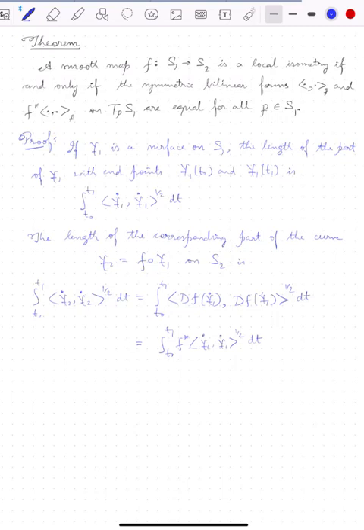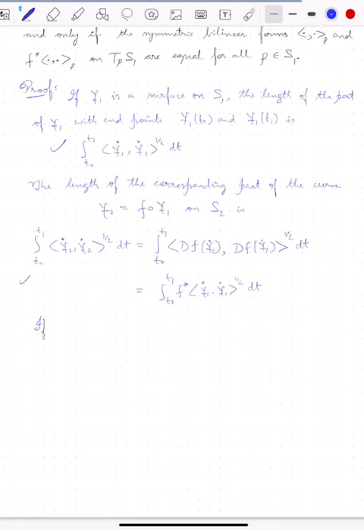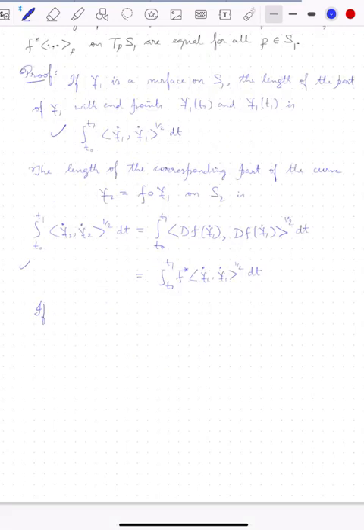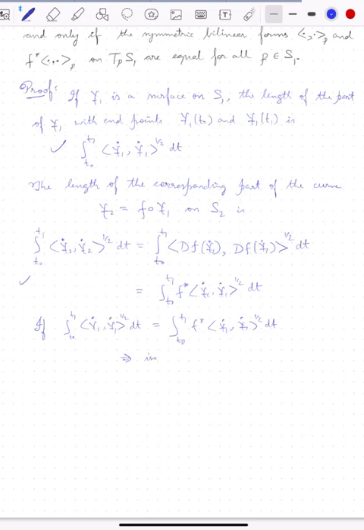So if it so happens that both the symmetric bilinear forms, this and this two, are equal, then the integral from t naught to t1 of the square root of gamma 1 dot, gamma 1 dot, if it is equal to the integral from t naught to t1 of the square root of F star (gamma 1 dot, gamma 1 dot), then of course this implies isometry, and gamma 1 dot, gamma 1 dot is equal to F star of gamma 1 dot comma gamma 1 dot.